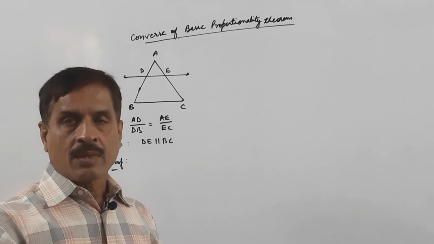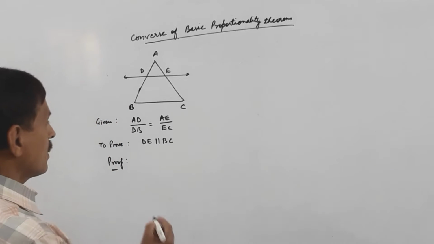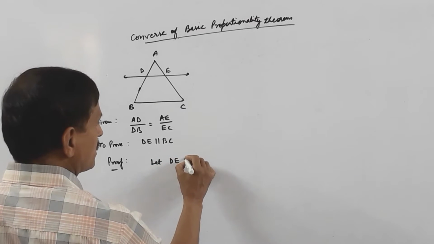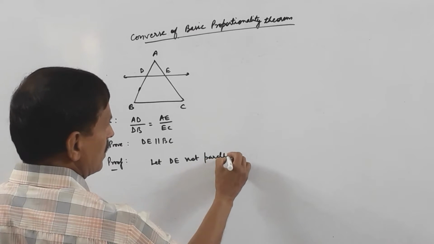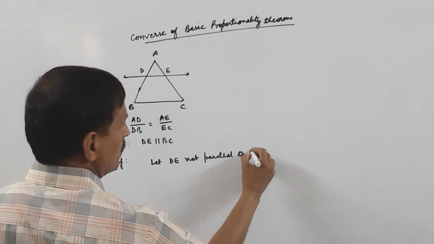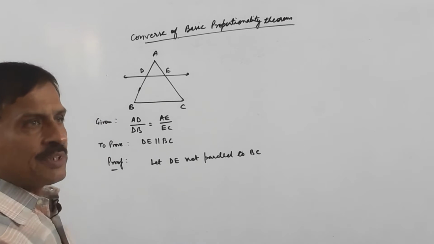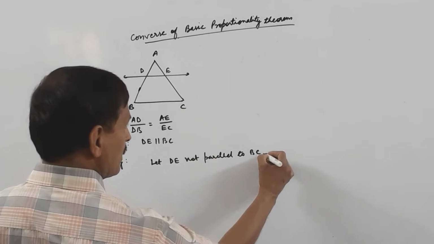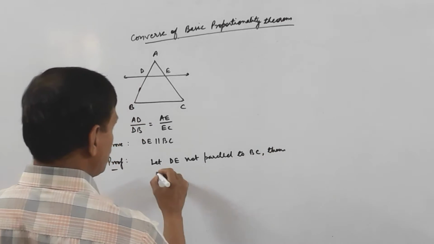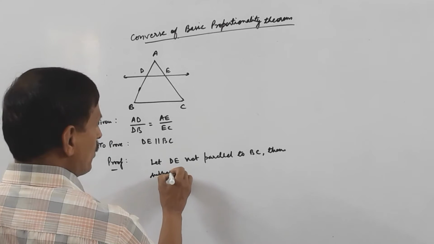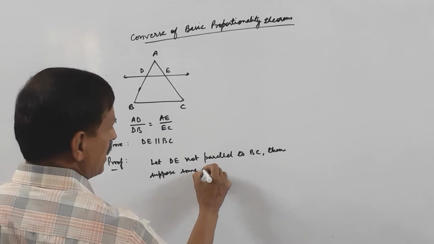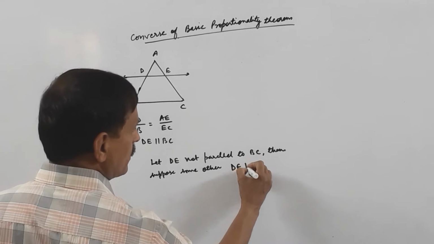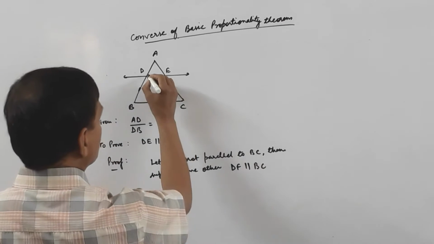Now we prove it. We suppose that DE is not parallel to BC, then there must be some other line which is parallel to BC. Suppose some other line DF is parallel to BC.